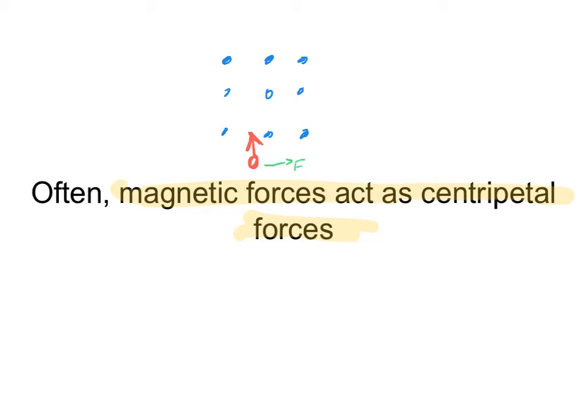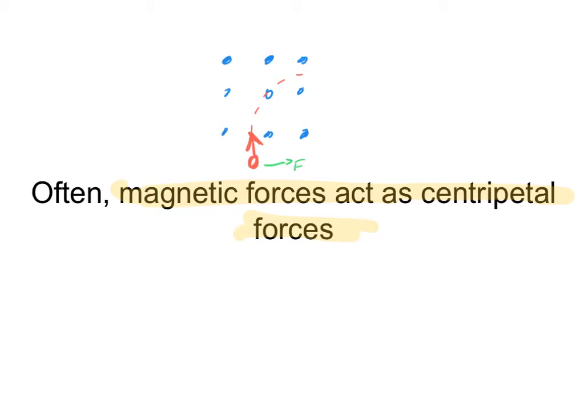The path of that particle, instead of being straight and speeding up or slowing down, is that magnetic forces cause objects to accelerate centripetally and move in a curved path. So what's important to know here is that a magnetic force is not speeding this particle up or slowing it down. What it's doing is causing it to curve. It is causing its motion to curl.